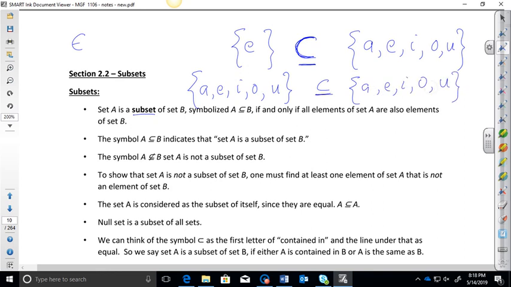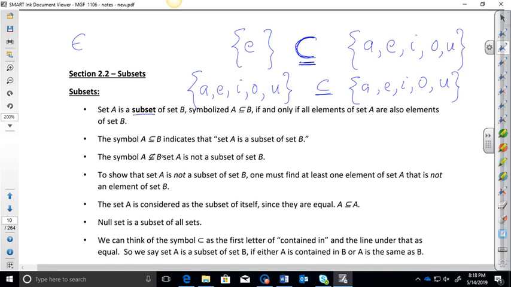So it can be contained in or the same. A is a subset of B.